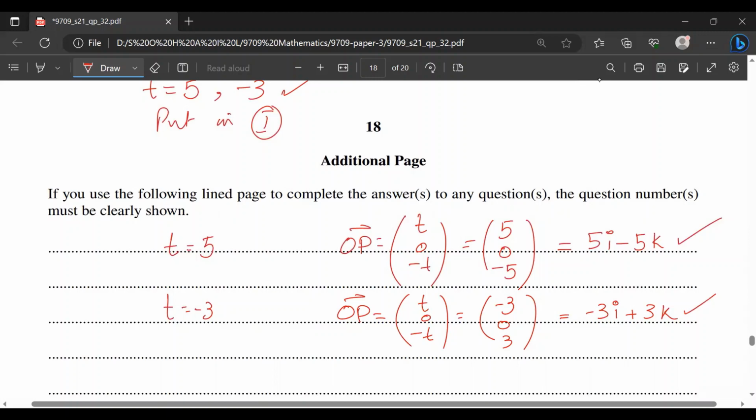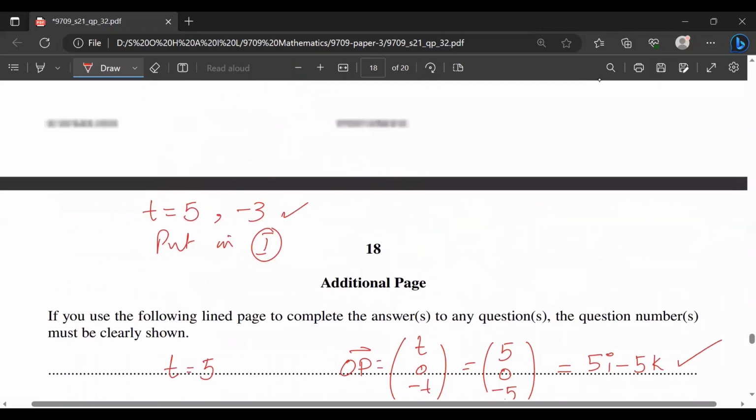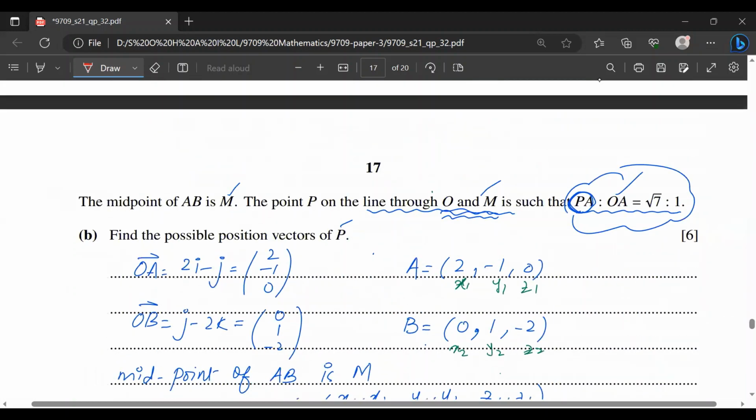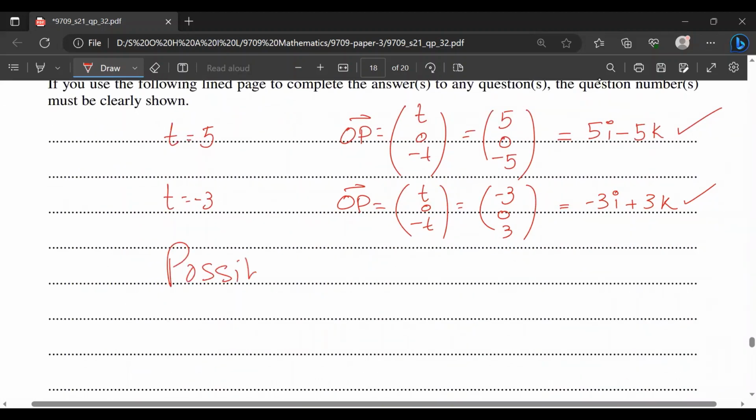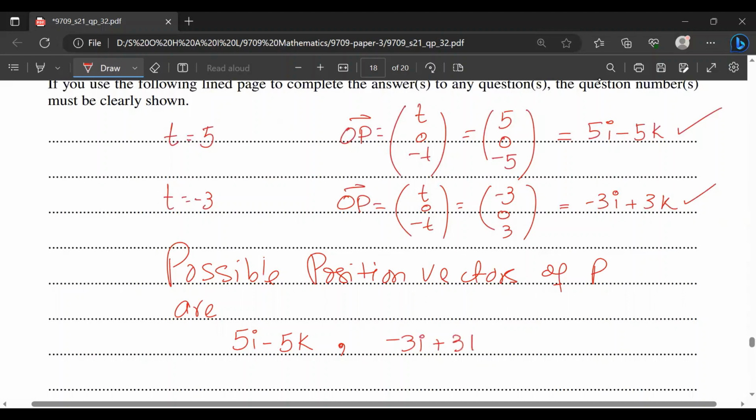So these are the two possible position vectors of P: 5i minus 5k and minus 3i plus 3k. So these are the answers. Thank you.